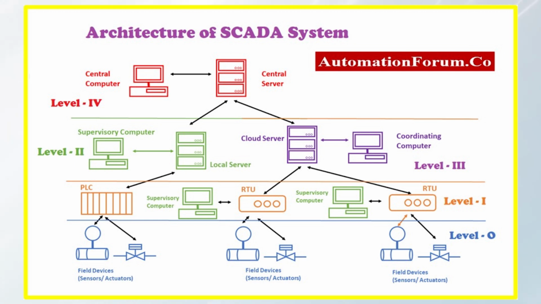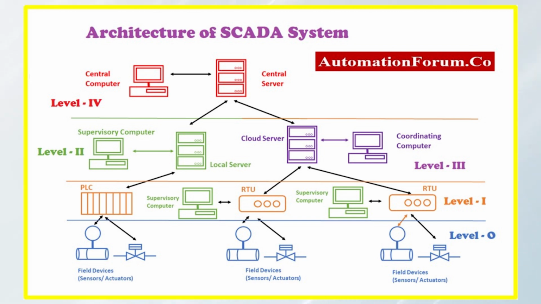Now, level 1, which is called the programming devices. Under this, the programmable logic controllers and the remote terminal units all come in this level 1. Suppose you are the leader of your team, then your workers and co-workers have to obey your instructions.